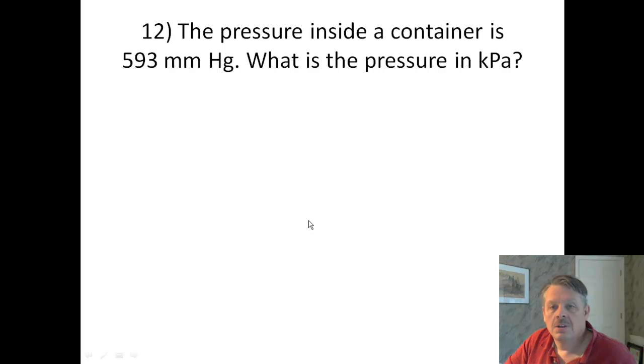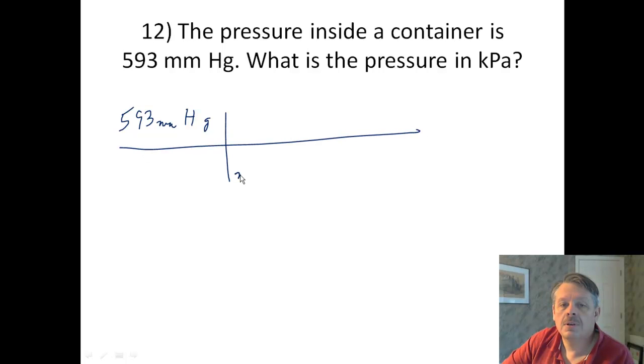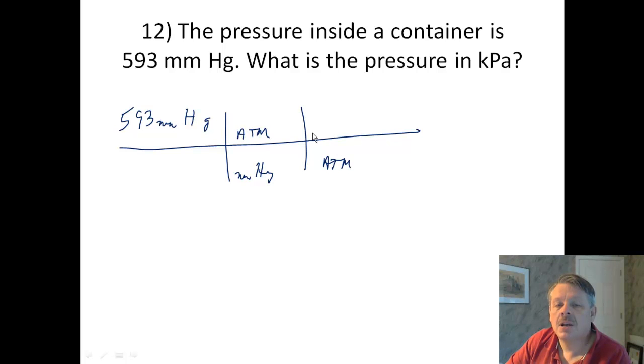Right, number 12. Pressure inside a container is 593 millimeters of mercury. And I have to go from millimeters of mercury. Well, I want to go to kPa, but I can't get there. I have to go to atmospheres first. And then from atmospheres, I have to go to kPa.